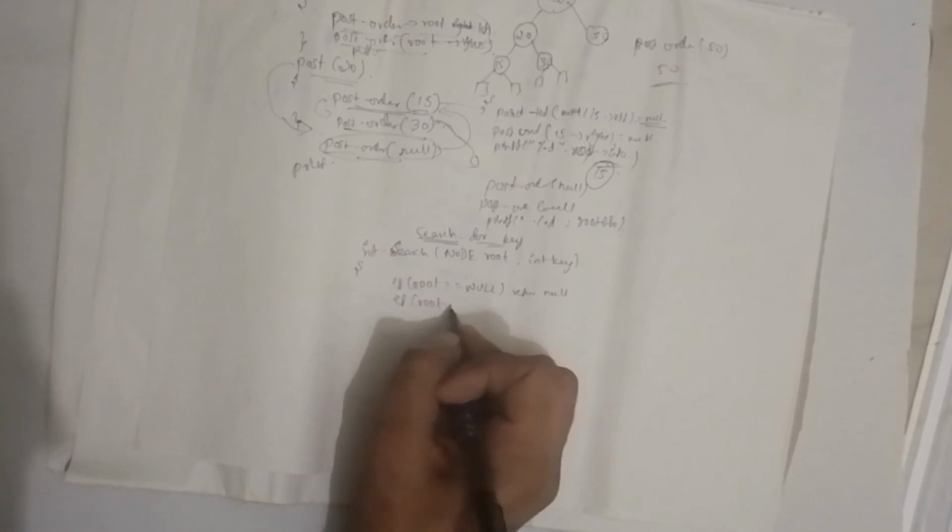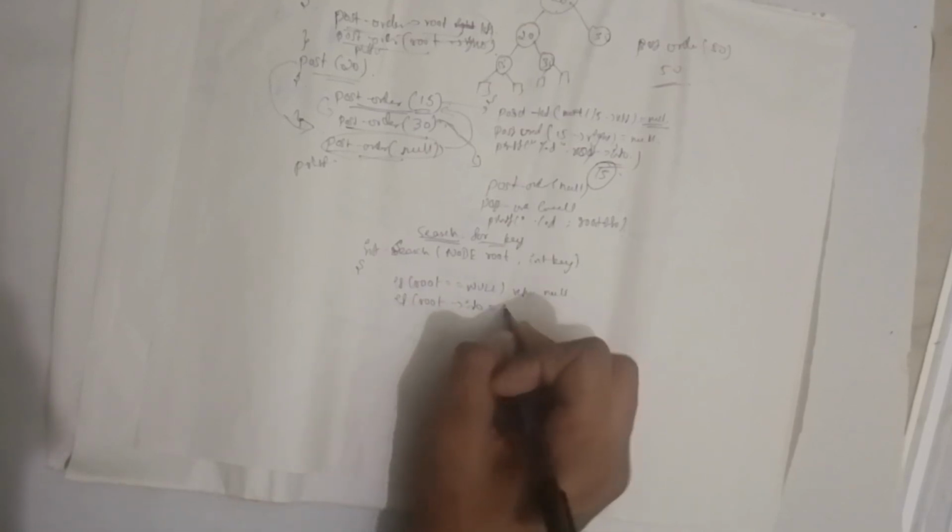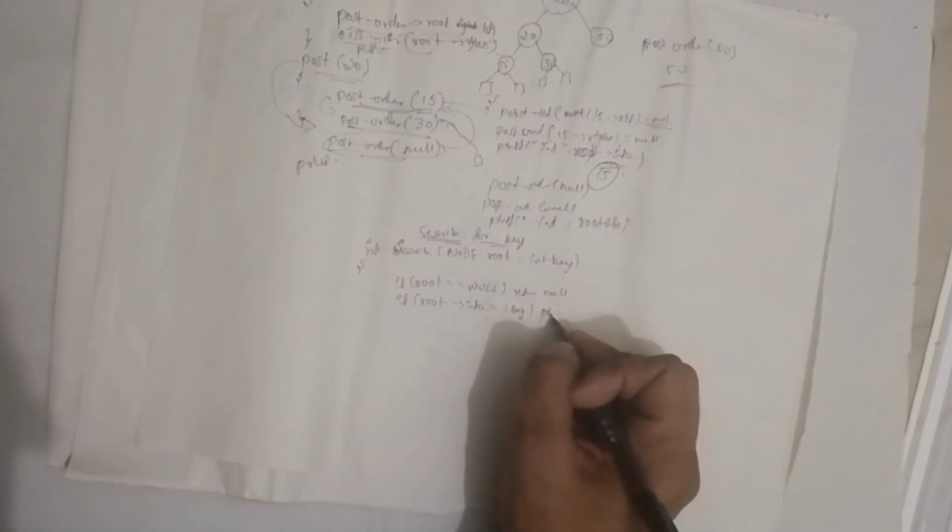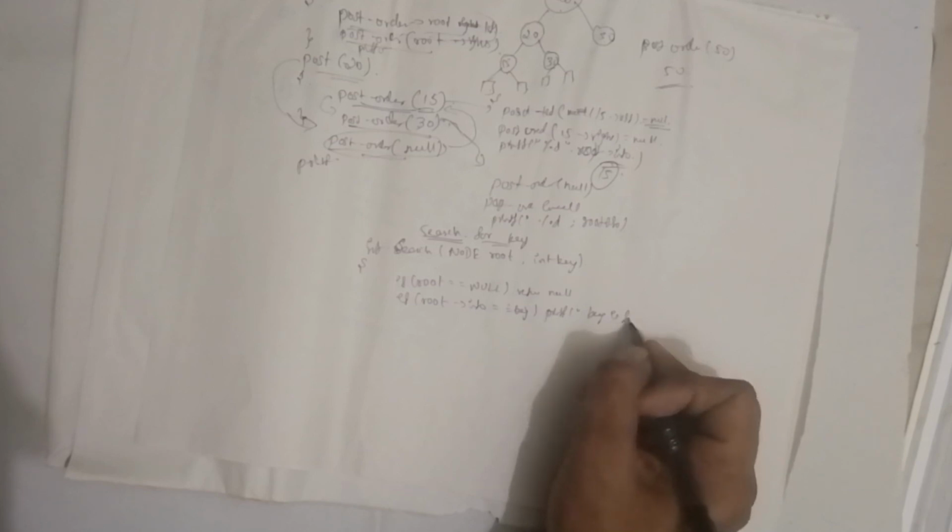If root info is equal to key, we write key found.